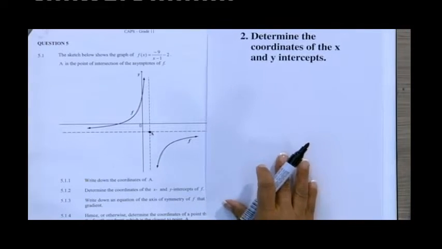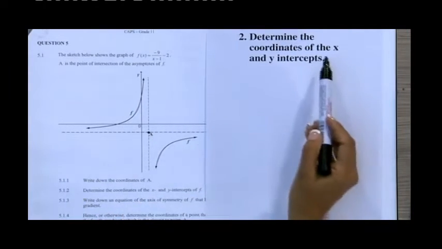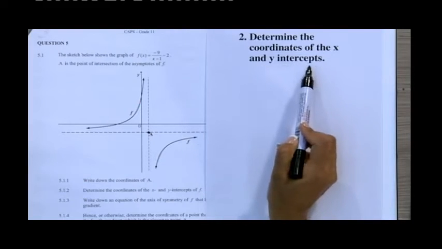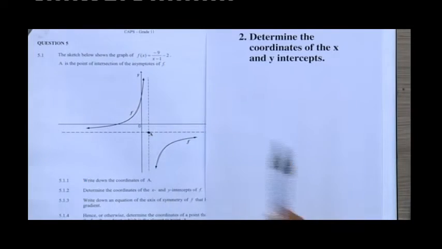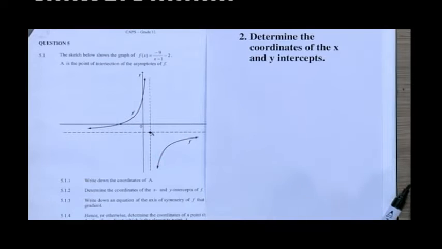Then the next question says, determine the coordinates of the x and y intercepts of this graph. Now listen very carefully. This question is quite popular. If you are asked to determine the y-intercept of any graph, you merely make x 0 in your equation.